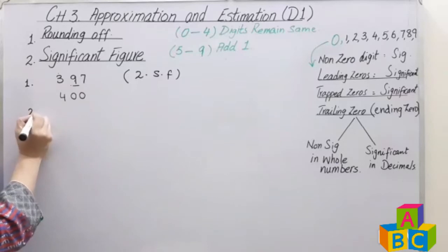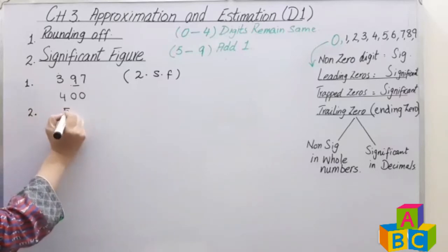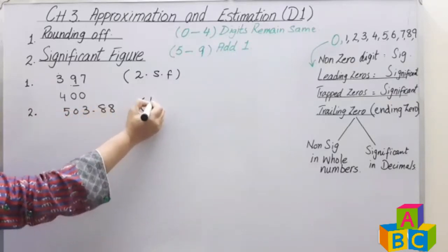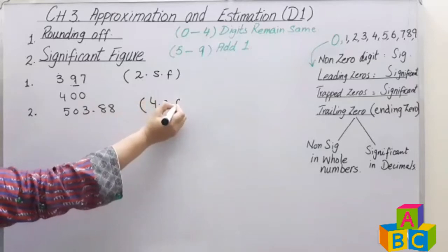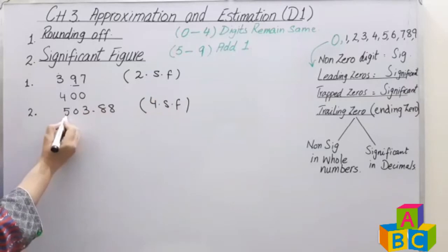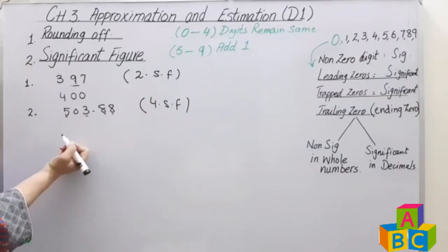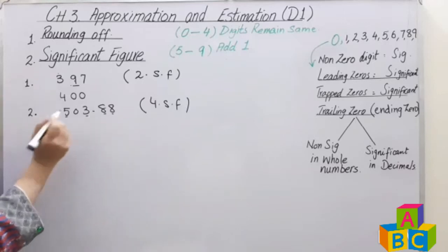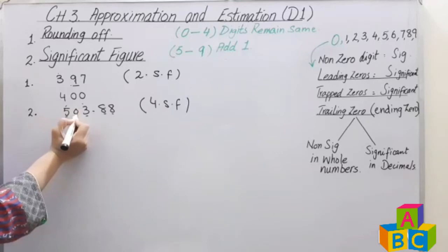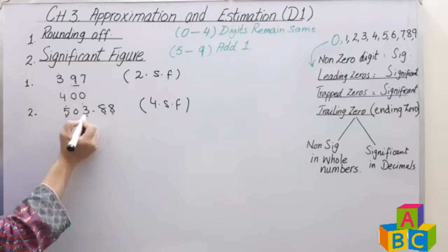Second is 503.88, to 4 significant figures. First we count: there are 1, 2, 3, 4 significant digits, and between them the 0 is also trapped. So we have 5 significant figures, and we round it: 1, 2, 3, 4.